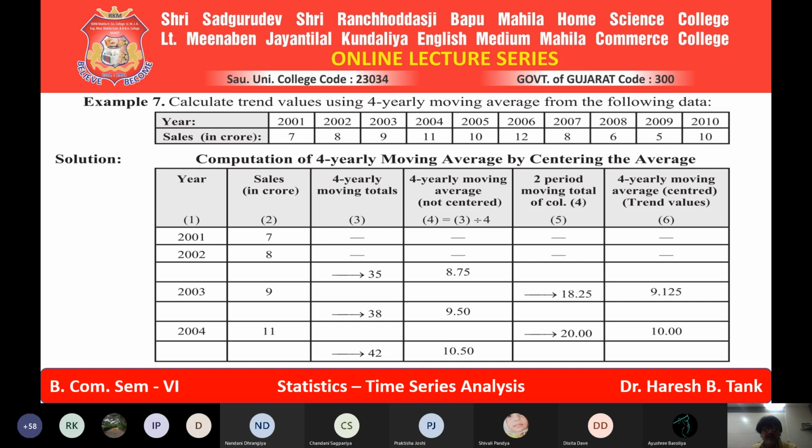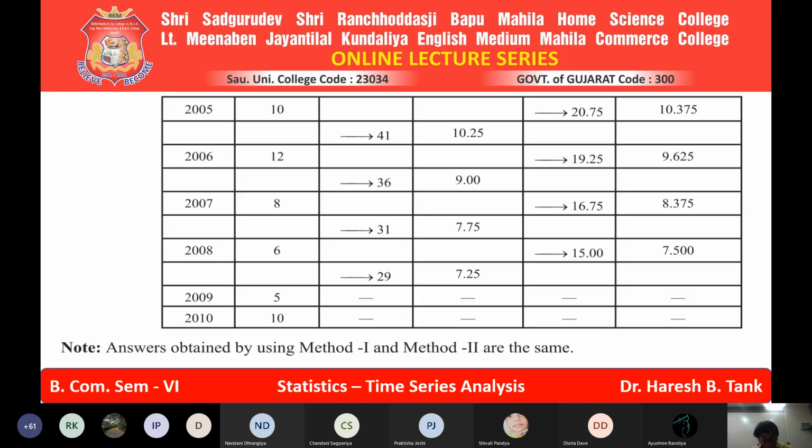So we have written 35 in between 2002 and 2003. There is nothing against this 35 right now. Similarly, next is 38, next is 42, next is 41, then 36, 31 and 29. Put a dash where you don't have anything. Dash, dash. So the first two will have a dash and the last two elements will have a similar dash.